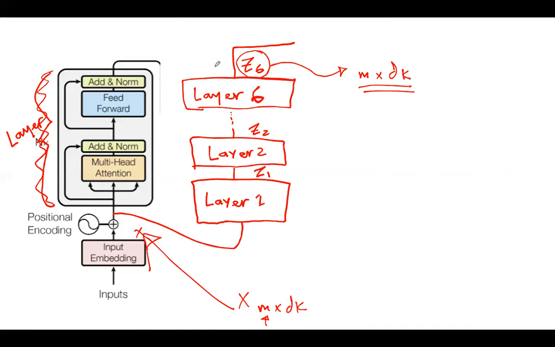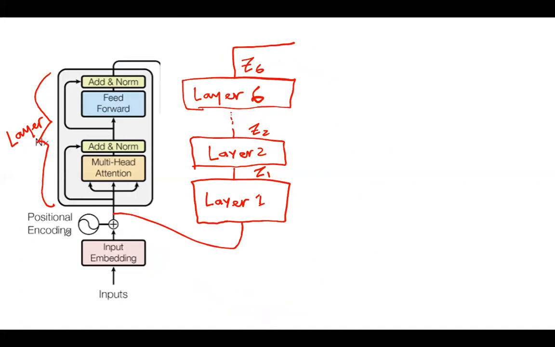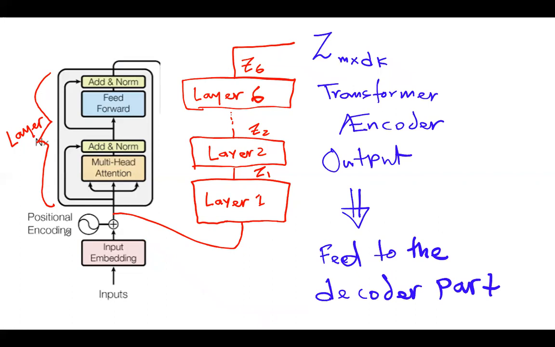But the good thing about this Z6 is that it has much stronger, much more powerful information about the attention, about the relative importance of the words as they are sequenced in a sentence. On top of that, we also have positional encoding being injected. Positional encoding will need a separate slide, as you can imagine.